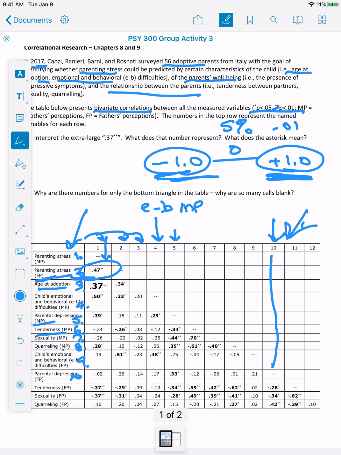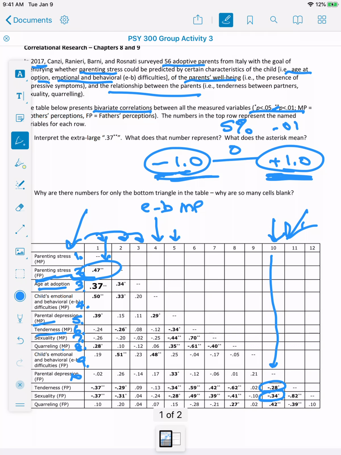As we follow that column down, we can see the relationship of the ratings by dad of the tenderness of the relationship, once again, to his own ratings of depression, the sexuality of the parental relationship. In other words, once again, where a row and a column bisect, we are giving an R value that indicates that bivariate correlation between two numbers.